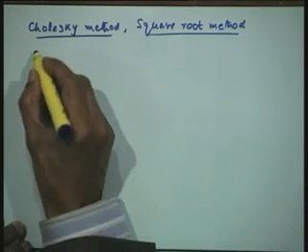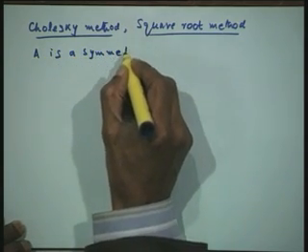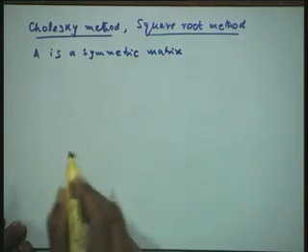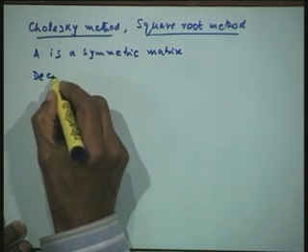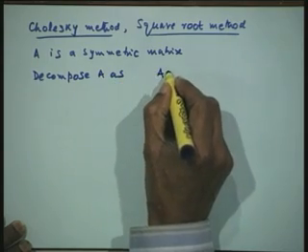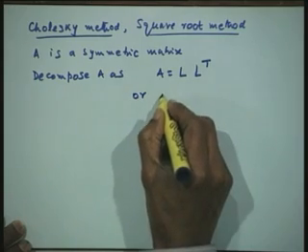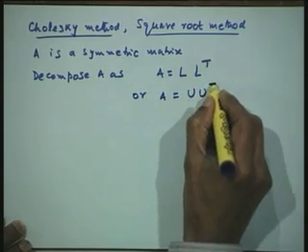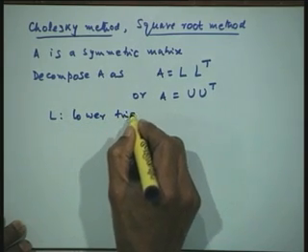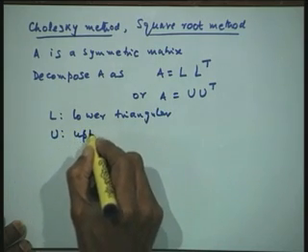Now we start by assuming that A is a symmetric matrix. Then we decompose A as A is equal to L into L transpose, or as A is equal to U into U transpose, where L is our lower triangular matrix and U is an upper triangular matrix.